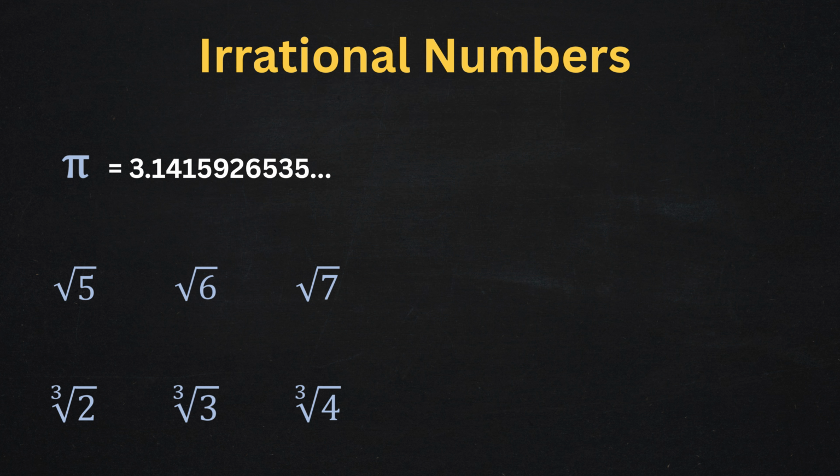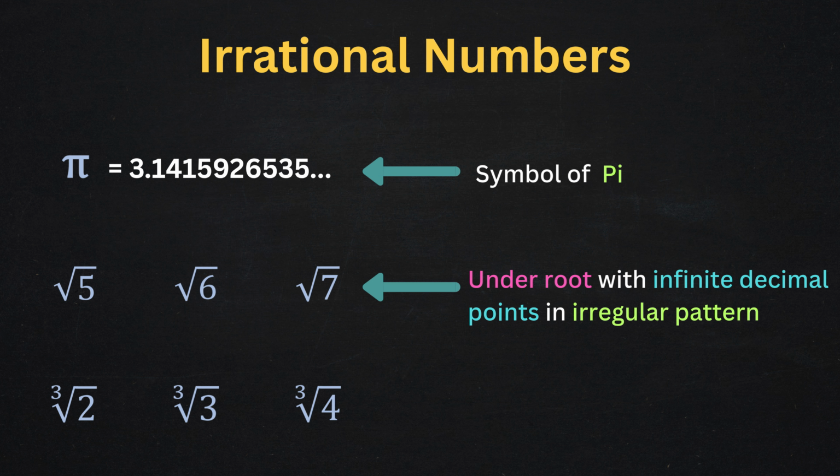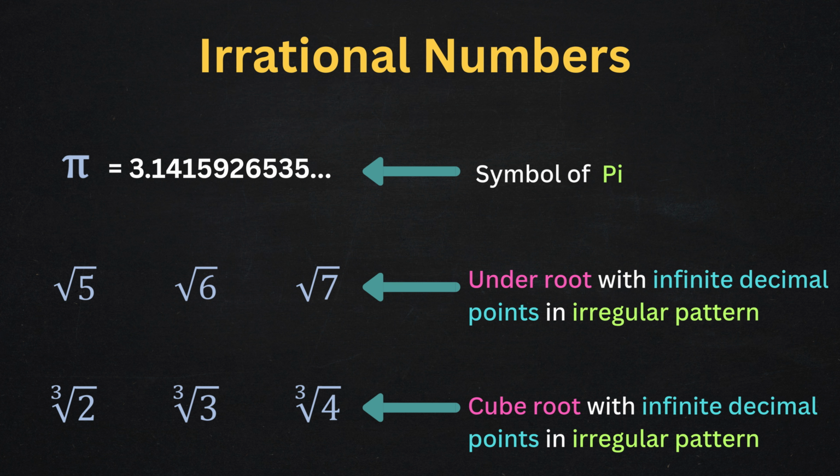Okay, so these are three types of irrational numbers. The symbol of pi, any under root whose value is not exact, and the numbers after the decimal go on forever, and cube roots whose values have many decimal places and go on forever. You can pause the video and memorize these types.